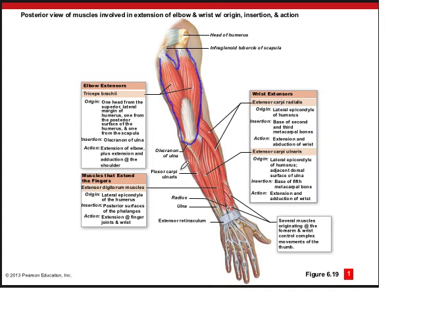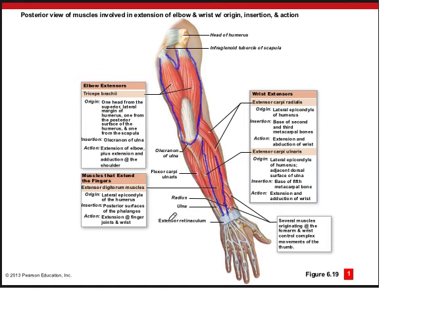On the back side of the forearm, the extensor digitorum has its origin on the lateral epicondyle of the humerus. Okay, so we'll trace this muscle here, here, here. Lateral epicondyle of the humerus.